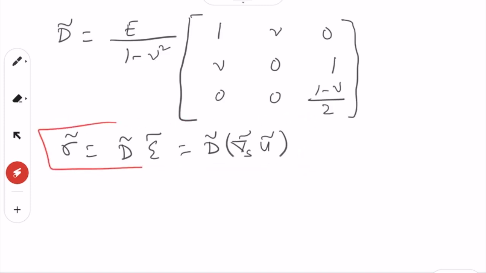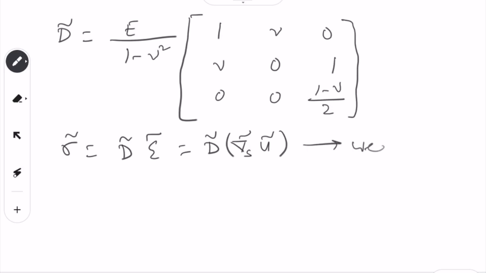Now this we can put in the weak formulation. So final weak form, how will it look like? The final weak form will look like this.